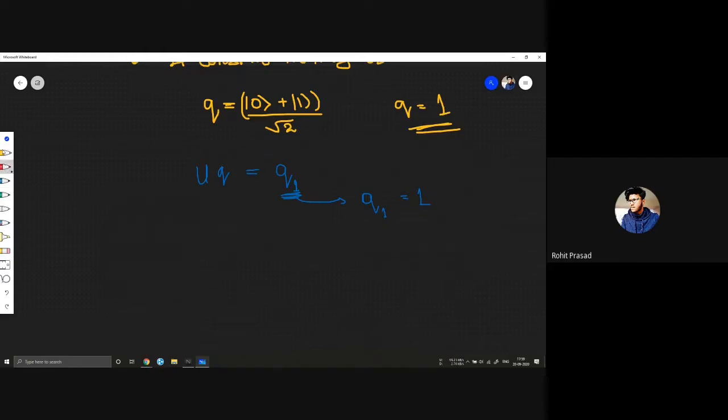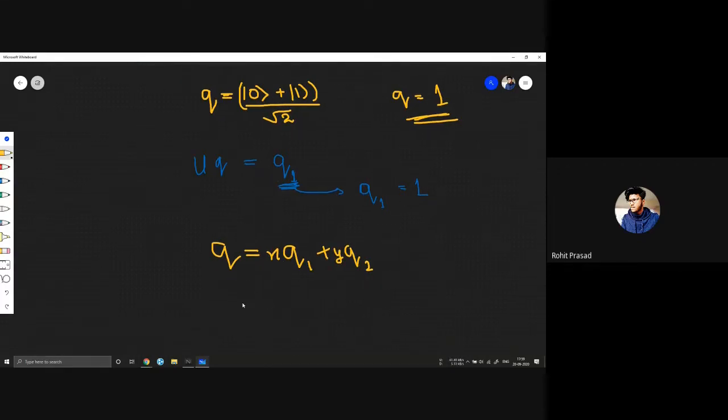Imagine that you have q is like x q1 plus y q2. Okay, and you have x mod square as the probability of being in q1 state and y mod square as the probability of being in q2 state.